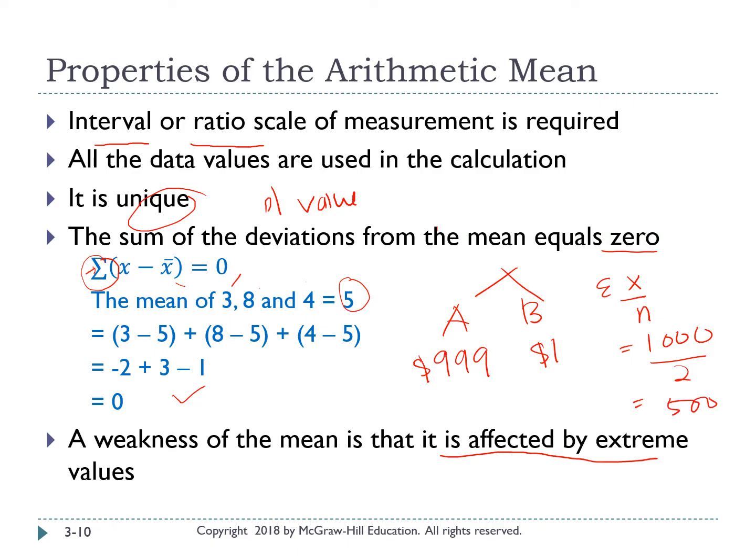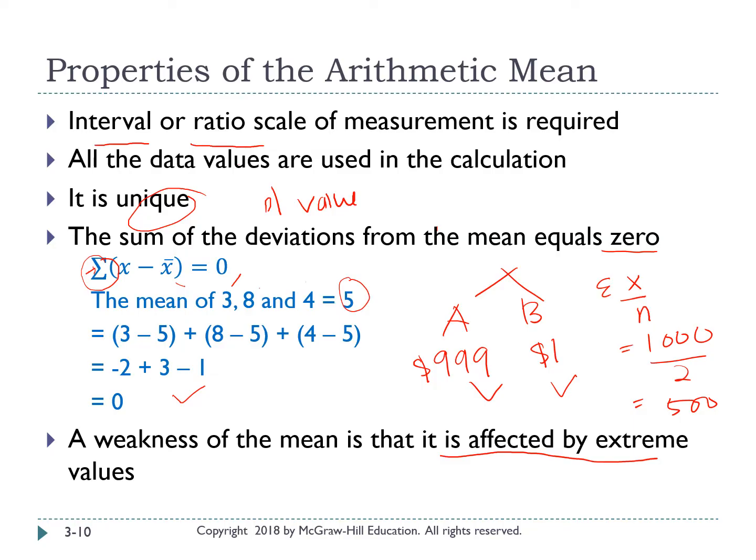So can you say that on average, each person will get an income of 500? Basically, when you have extreme values, one too large, one too small, you cannot use the arithmetic mean to represent the average, to show the central value of your data.